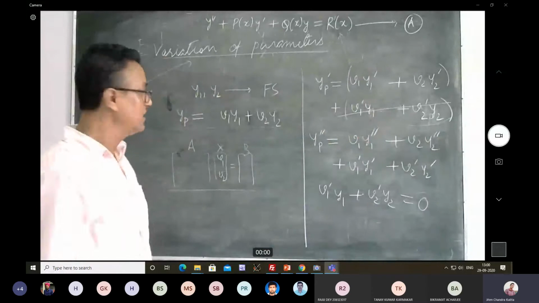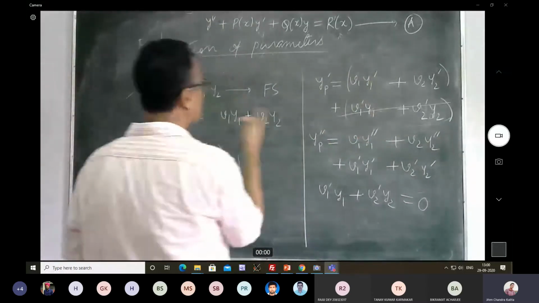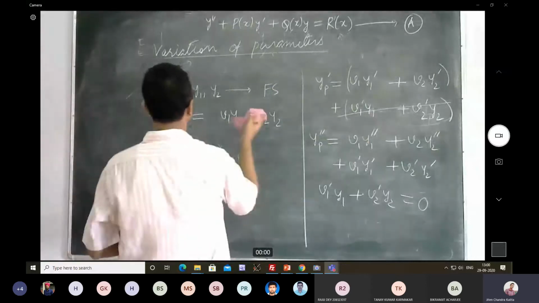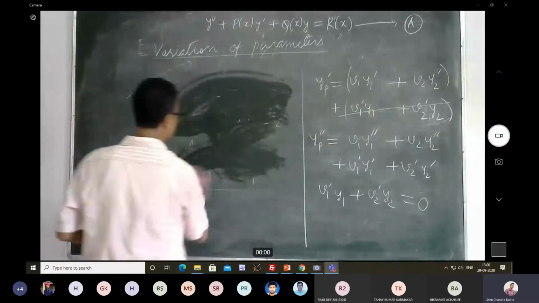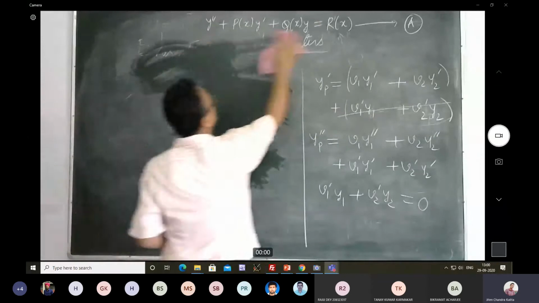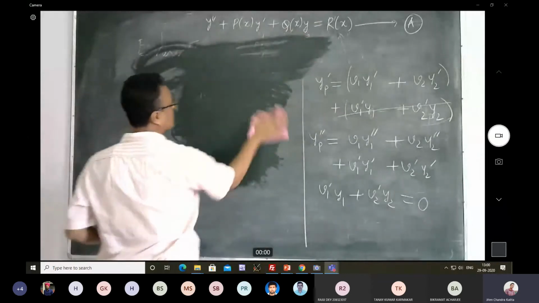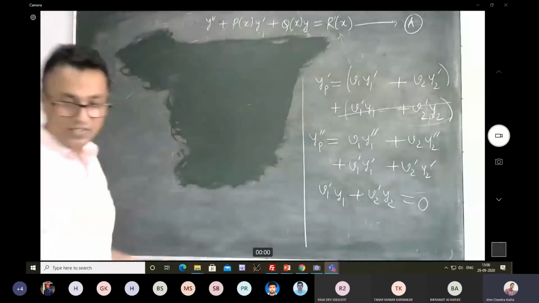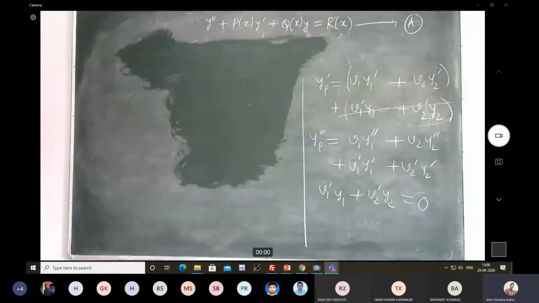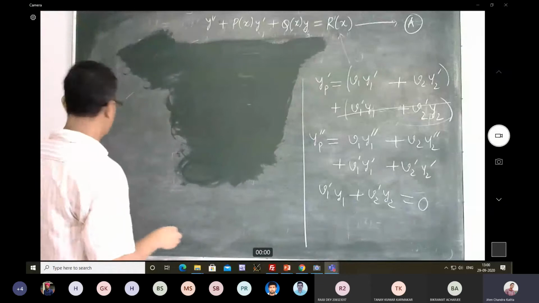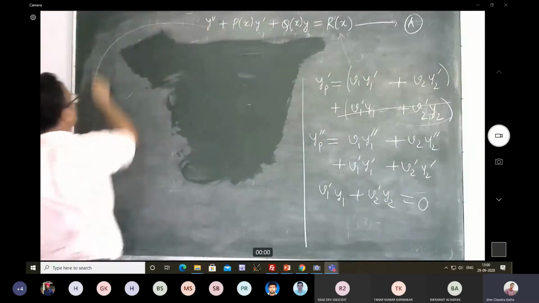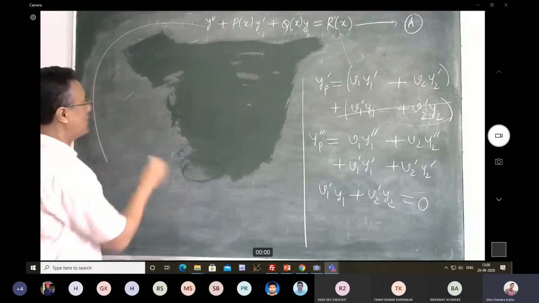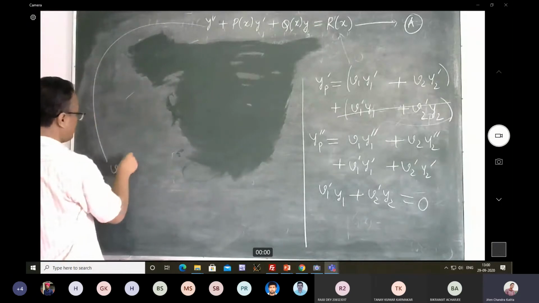Is it okay? Fine. Now let me plug this into the original differential equation. If I plug this in, let me first take v1 common.